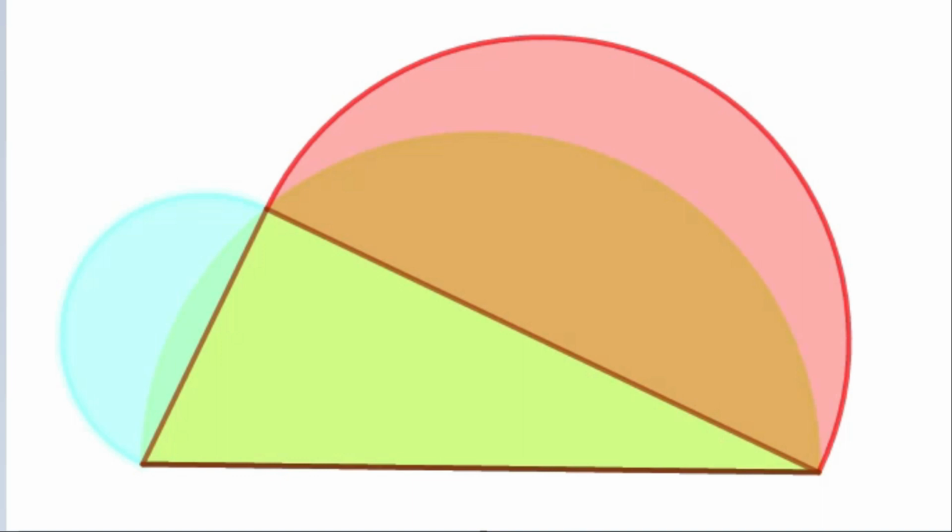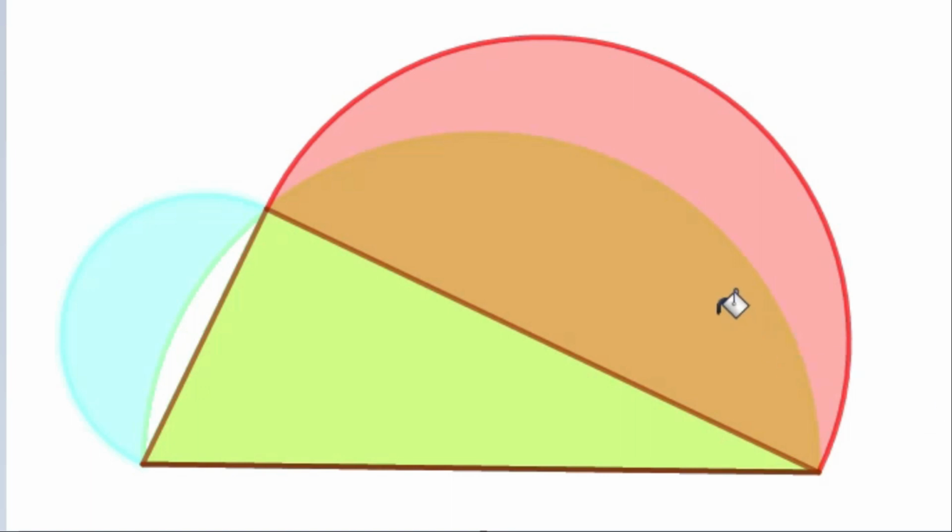Now, let us look at the figure once again. We have seen that the sum of the areas of the blue and red semicircles is the area of the large semicircle. Suppose I remove this part from the blue semicircle. Then we get the blue crescent. At the same time, a part of the large semicircle is also removed because that is the common part.